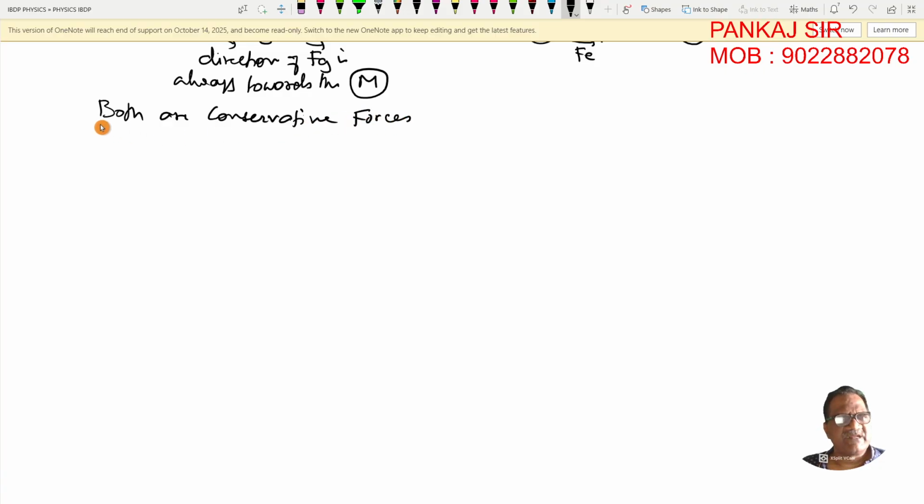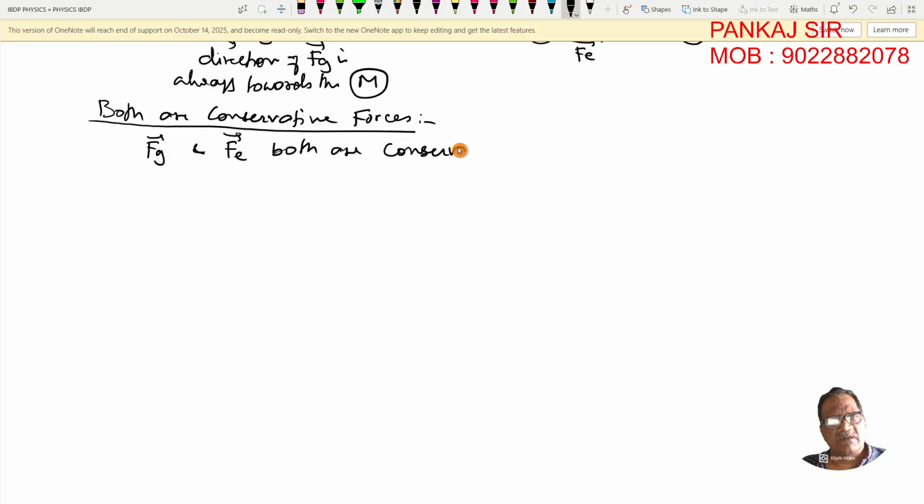Now what is the meaning of conservative forces? It's very important. This gravitational force and your electrostatic force both are conservative. Conservative forces means these forces will not be path dependent.